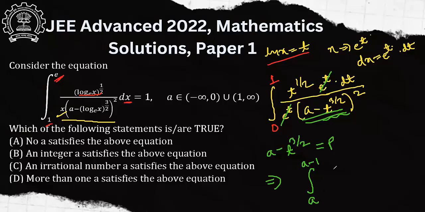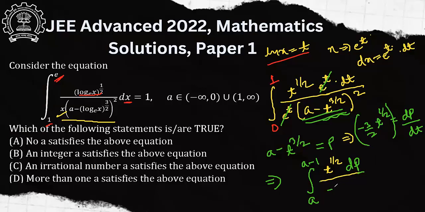And the integral becomes t to the power 1 by 2 upon, here, if you differentiate both the sides with respect to t, what will happen? Minus 3 by 2 t to the power 3 by 2 minus 1, that is 1 by 2, is dp by dt. So dt is dp upon minus 3 by 2 t to the power 1 by 2.